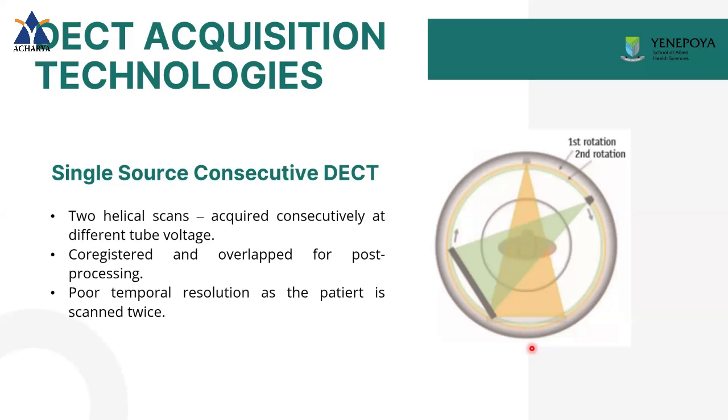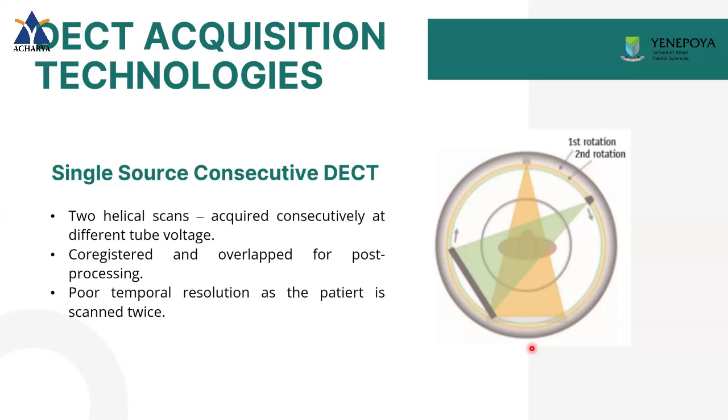So what happens is two helical scans will be acquired consecutively at different tube voltages. First, you'll take the scan at 80 kV, then the scan will continue at 140 kV, and then both data sets are overlapped and co-registered together. So this is how the single source consecutive dual energy CT works.